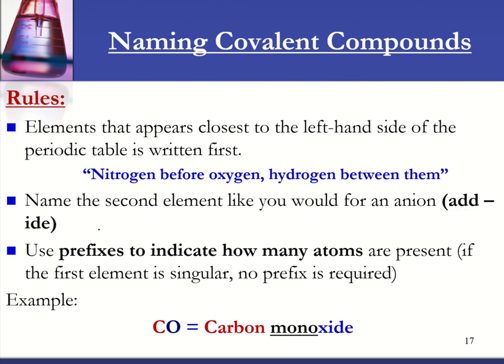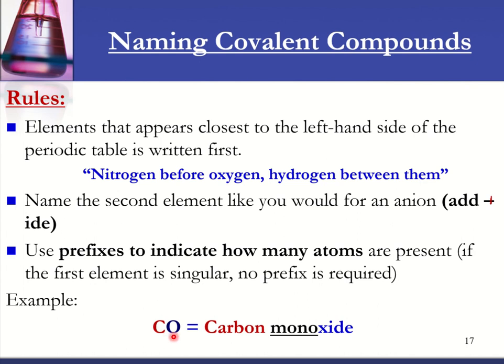So you add IDE at the end, and you take away some of the ending of the second element's name. Okay, we will need to use what we call prefixes to indicate the number of atoms present, but if your first element is singular, there is no prefix required. So let's use the example that we have here.